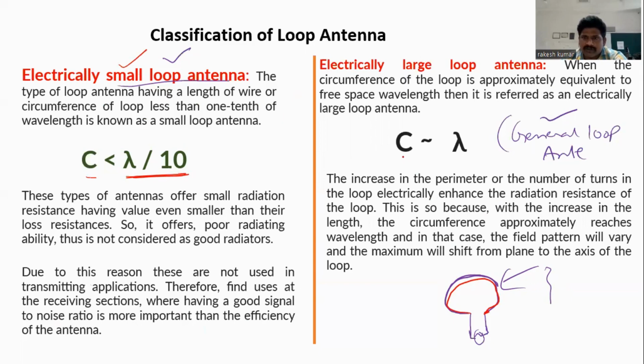If the circumference of the antenna is comparable with the wavelength, then we say it is a general loop antenna. The most commonly used antenna is the general loop antenna.